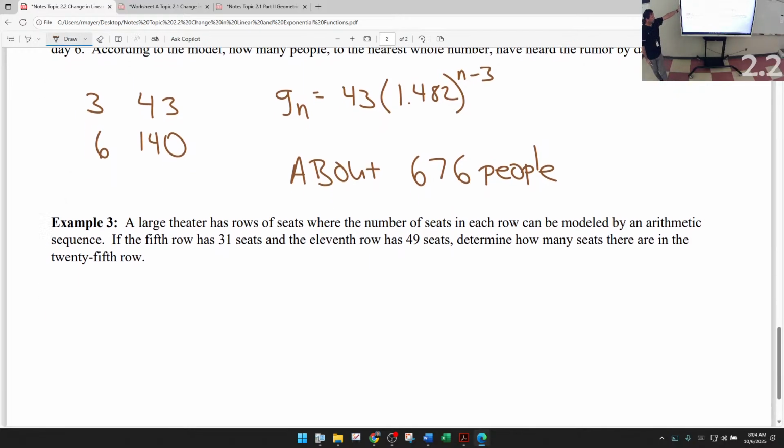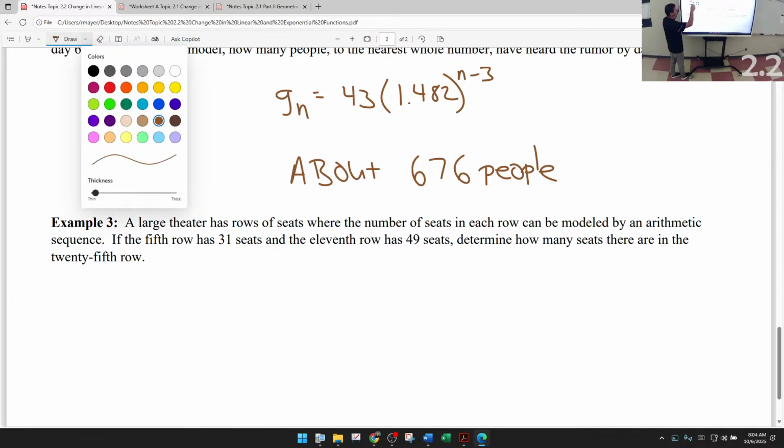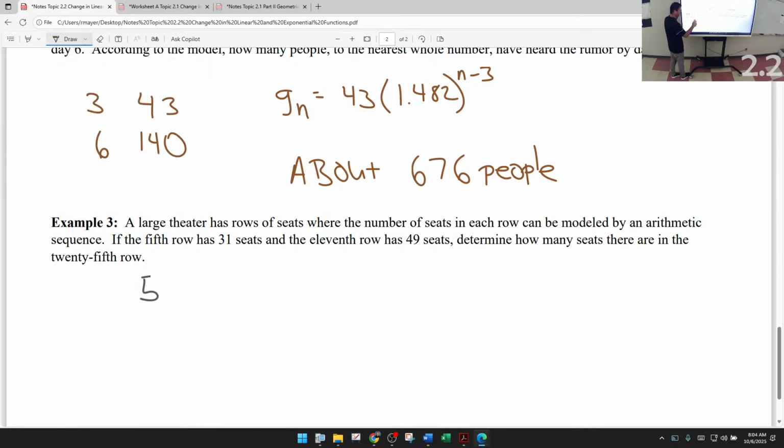A large theater has rows of seats where the number of seats in each row can be modeled by an arithmetic sequence. The fifth row has 31. And the 11th row has 49.